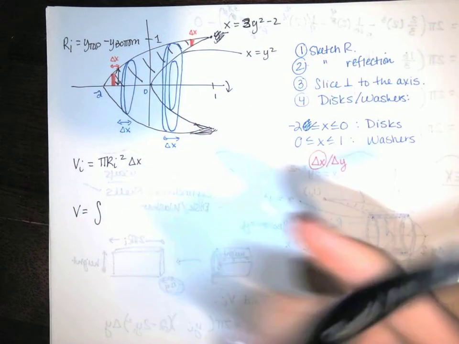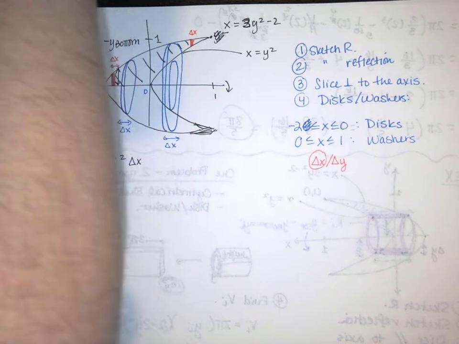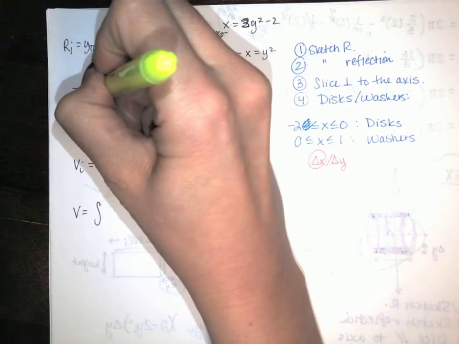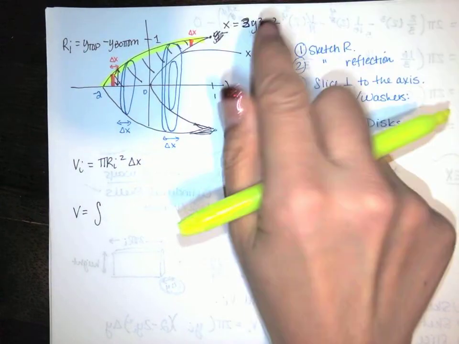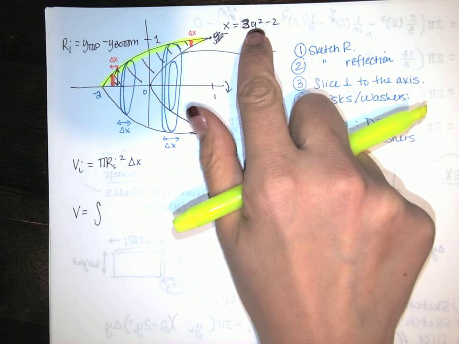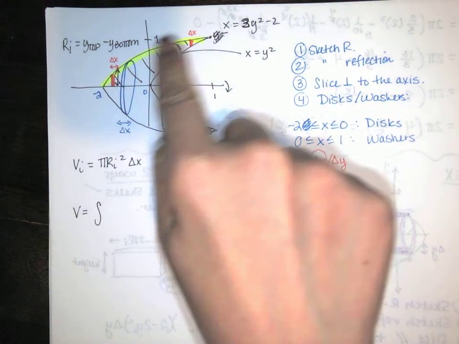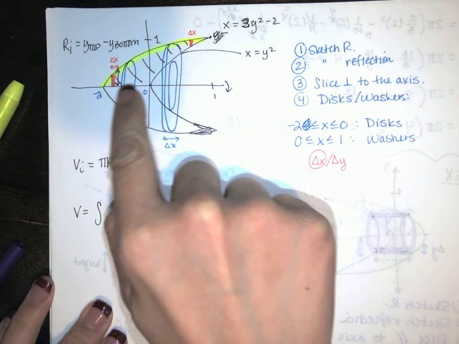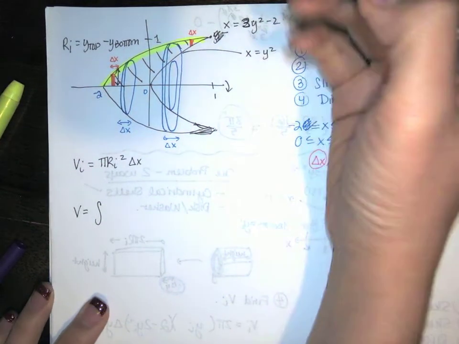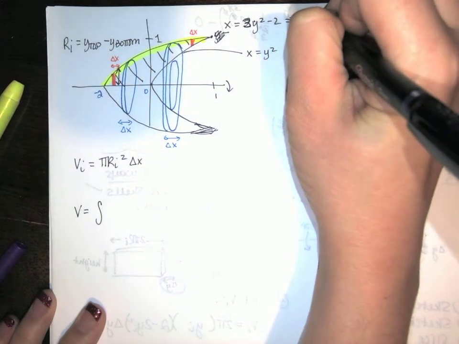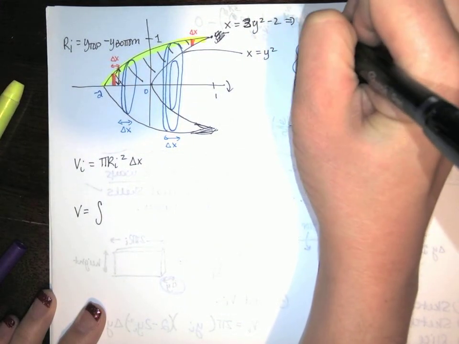Now, when I am on this curve, I know that x is given by 3y squared minus 2, but it doesn't tell me what y is. That's my top y value. So I'm going to have to take this and solve for y. It's actually not too bad. Just add 2 to both sides, divide by 3.